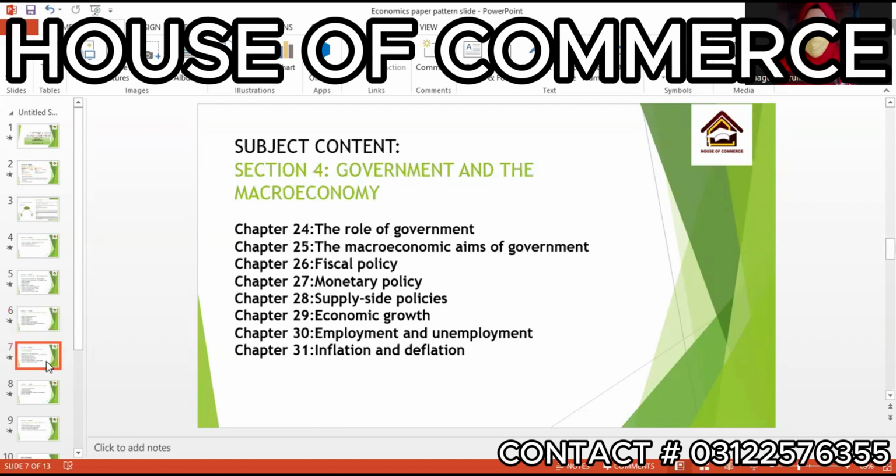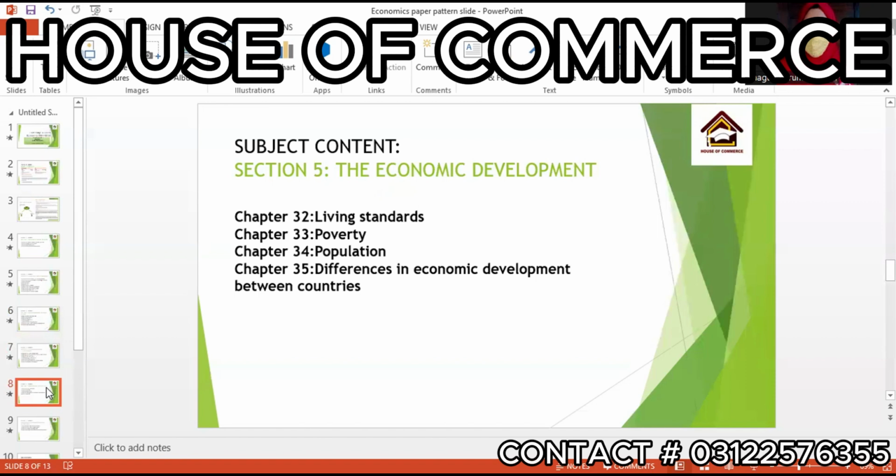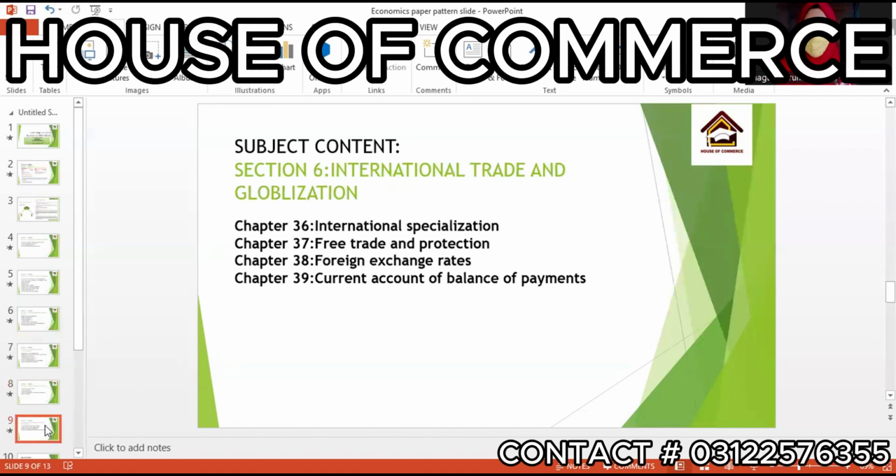Section 4 is the role of government and the macroeconomy: the role of government, the macroeconomic aims of government, fiscal policy, monetary policy, supply side policy, economic growth, employment and unemployment, inflation and deflation. So we will be discussing all these topics. Section 5 is about economic development, living standards, poverty, population, difference in economic development between countries.